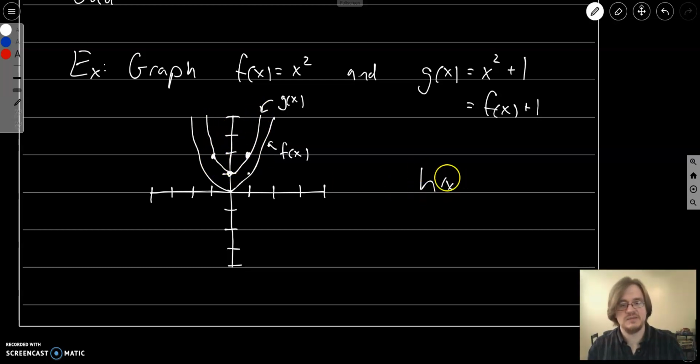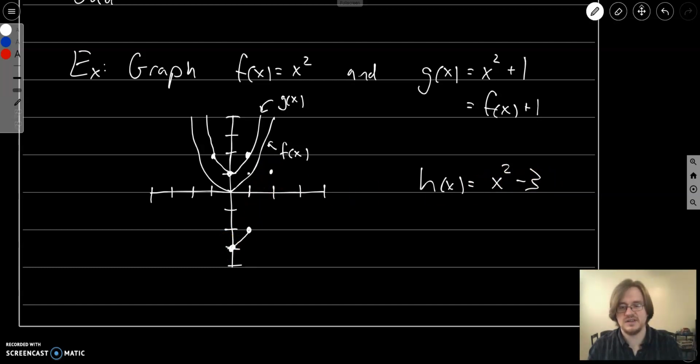Now we could play the same game by subtracting. So let's take x squared minus 3. So when we plug these values in, if we plug a 0, 0 squared minus 3 is minus 3. 1 squared minus 3 is going to be minus 2. 2 squared minus 3, well, that's 1.